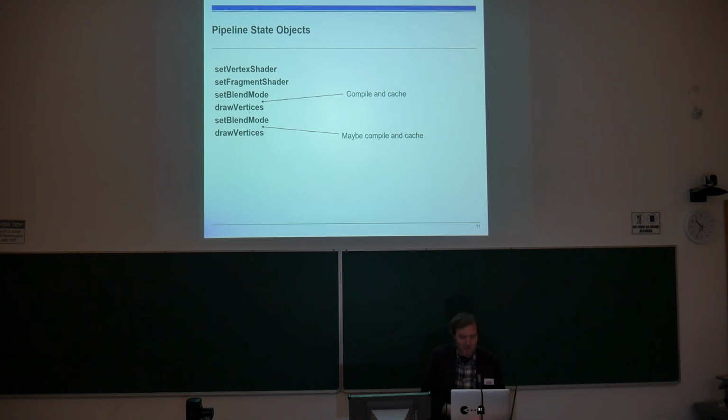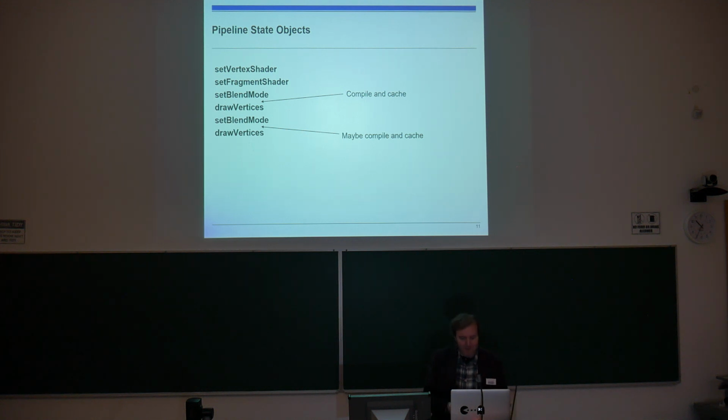And in the old model, you uploaded your shaders, and then you were setting some GPU modes, like your blending mode that defines how partially transparent things happen, or your depth mode that you need for depth tests in 3D scenes.